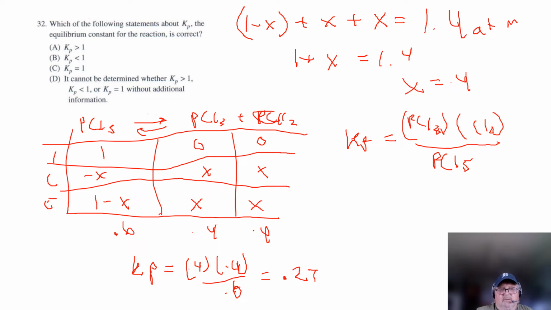So that means that Kp is less than 1. Let's think about this a little bit more. If Kp is less than 1, that means the reaction favors the reactant. If it's greater than 1, then the reaction will favor the product.